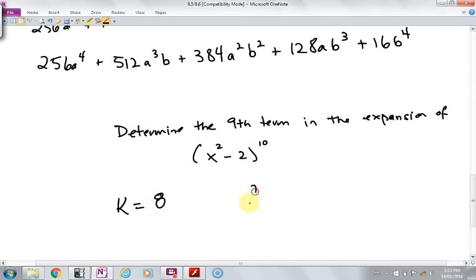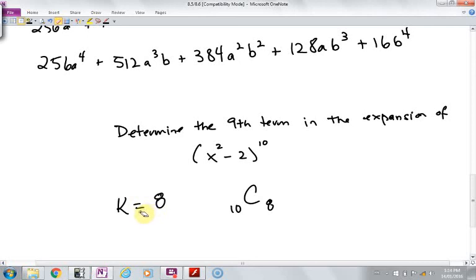So I need to set up my coefficient, and it's going to be 10 choose 8, right? Because n is the exponent, so that's what goes in front. And I'm choosing 8 because k is equal to 8 for the 9th term.